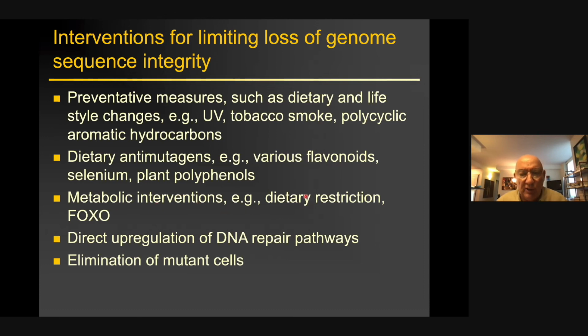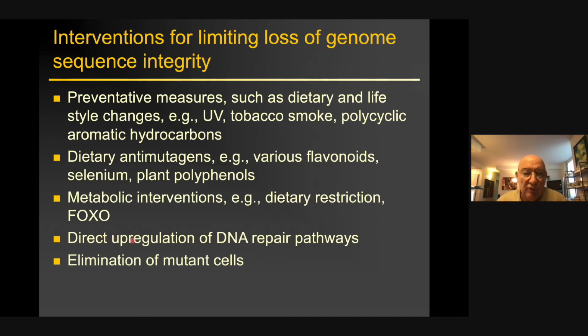We demonstrated already a couple of years ago that mice subject to dietary restriction do indeed have lower somatic mutation frequencies. Also, we showed a little bit more recently that when you overexpress FOXO, the mutation frequency is lower, and when you downregulate FOXO, then actually the mutation frequency is higher. So there may be ways here to do that.